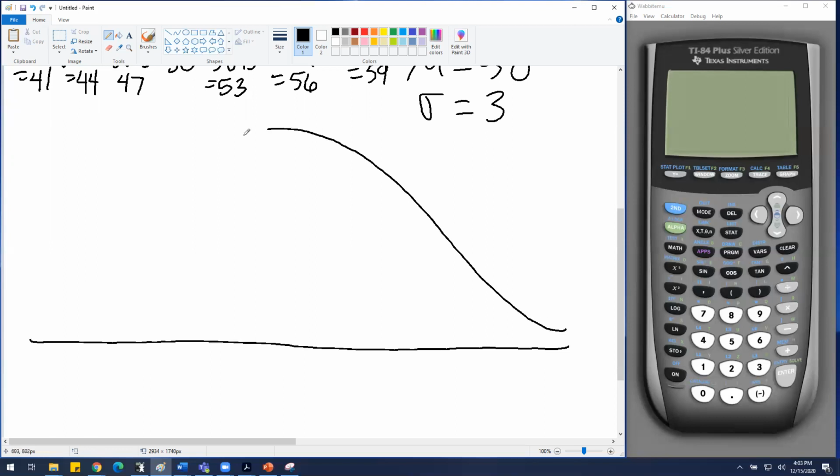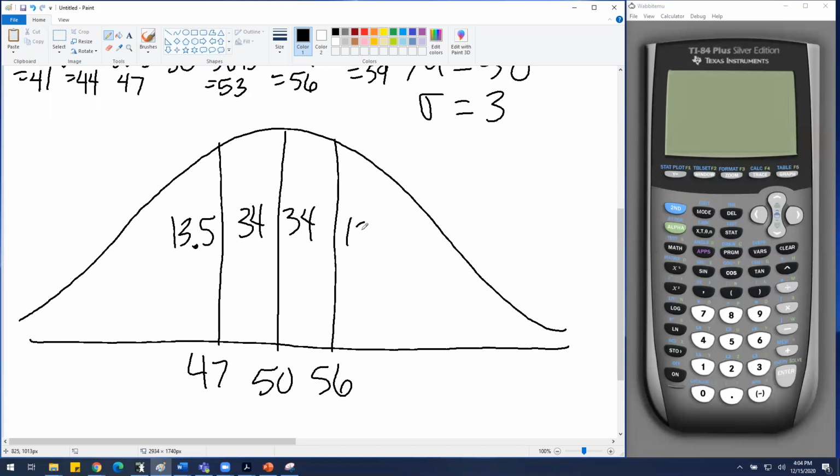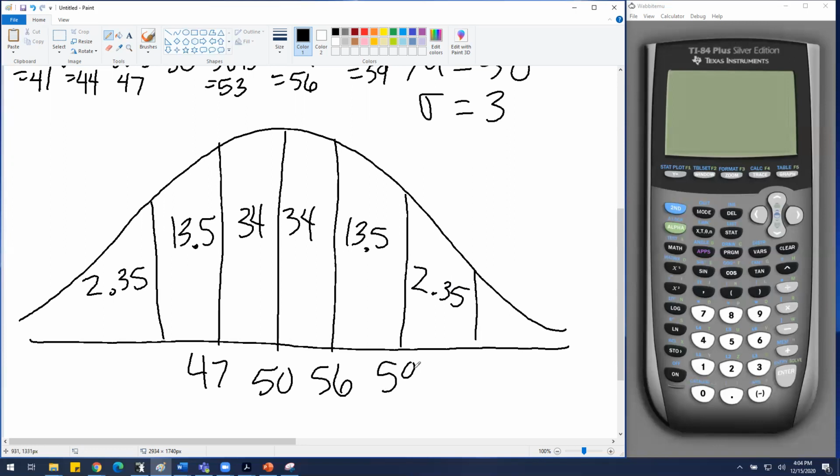So here's our normal curve. 50 with 34% on either side. 1 standard deviation was 47 to 56. 13.5% on either side. I'm just copying the table. And then it's 2.35%. The values were 59.